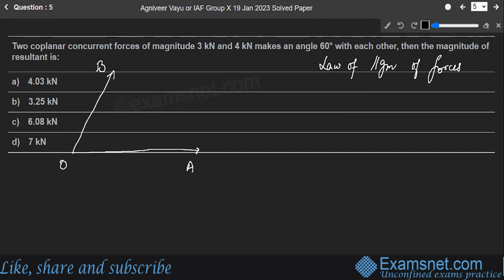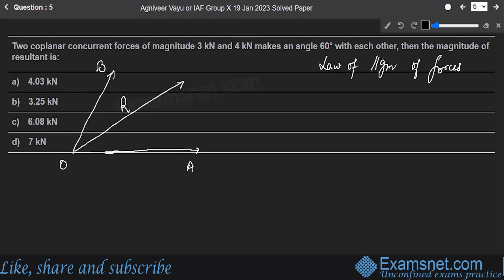Now, let's talk about it in more detail. It states that if two forces acting on a point are represented in magnitude and direction by two adjacent sides of the parallelogram, then the resultant is represented in magnitude and direction by the diagonal of the parallelogram, which is passing through the common point. So this R is the resultant vector of these two vectors.